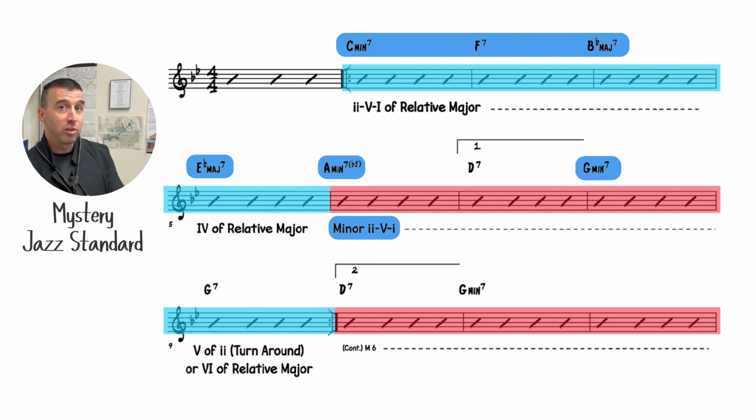So by the time we get to the D7 chord, our ears have been triggered, where the music is signaling to us that we're definitely no longer in the key of B flat major because of that F sharp being an important chord tone over the D7 chord.